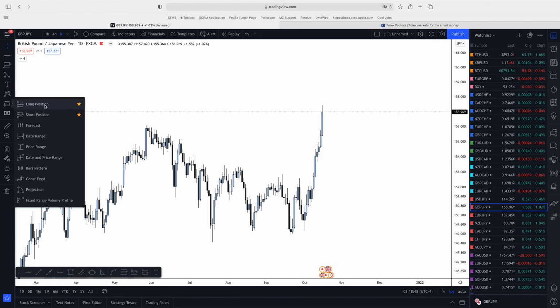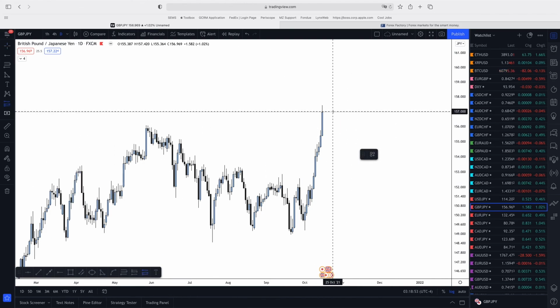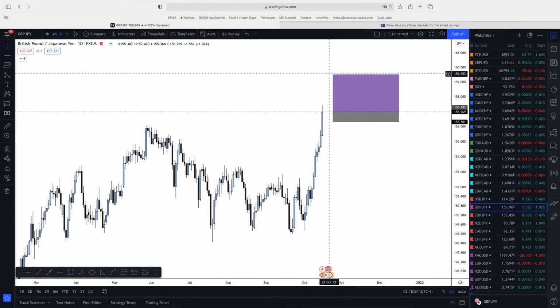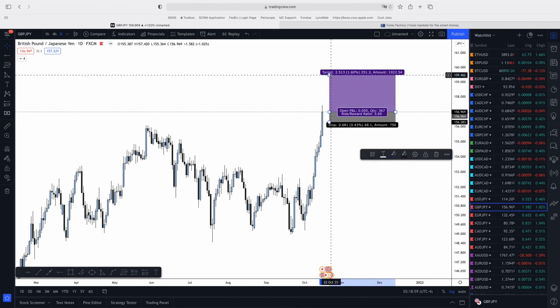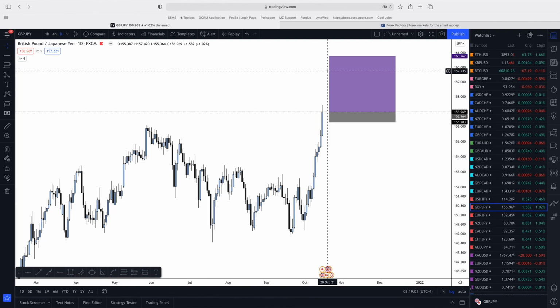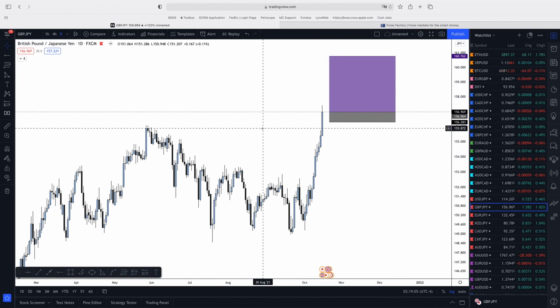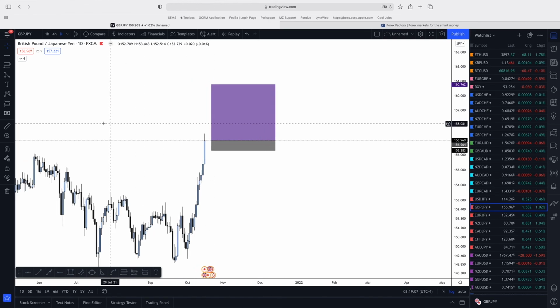And you finally have your long position and your short position, guys. Your long position is saying, hey, this is a buy trade. The purple is profits, and this black is the stop loss. That would be one for a buy.